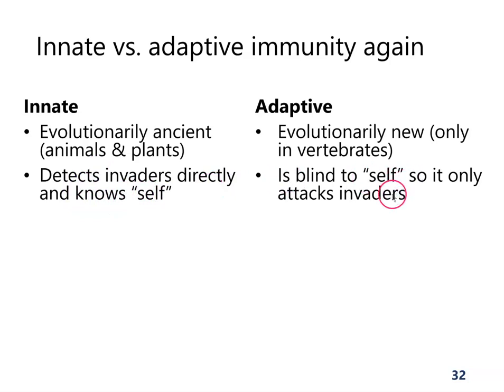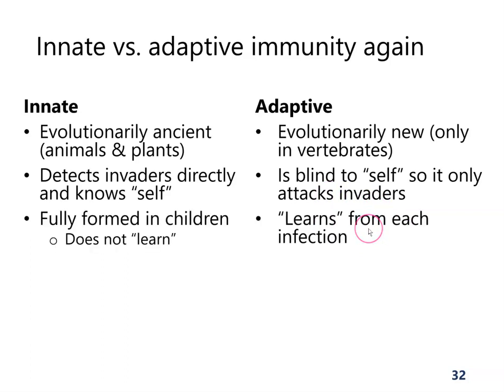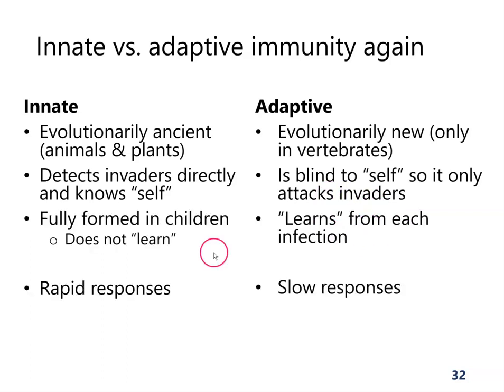The adaptive immune system is actually blind to self. T cells cannot detect anything self. B cells cannot detect anything self, as you will see. So the adaptive immune system is only able to attack invaders if it's working correctly.